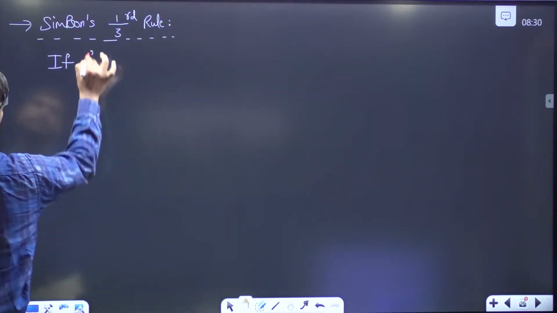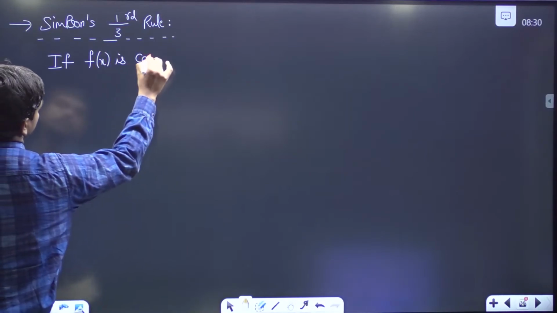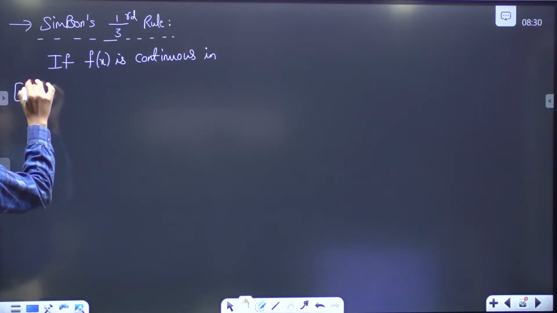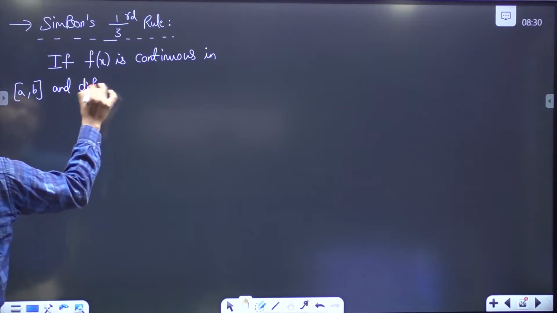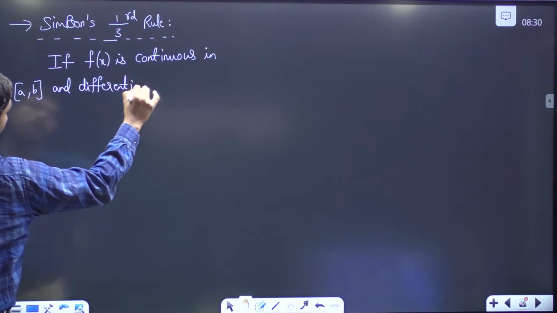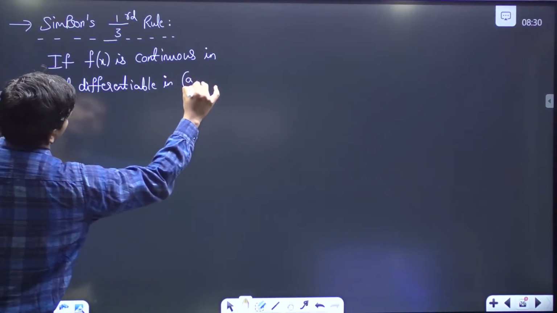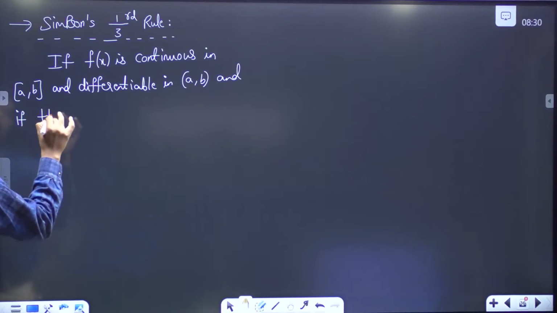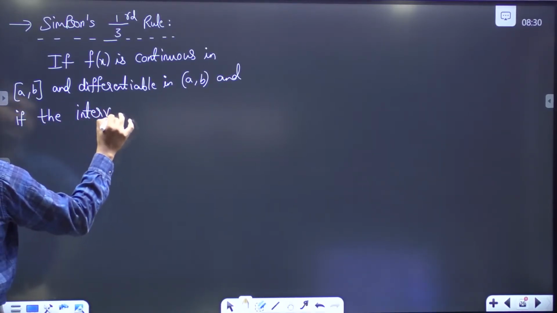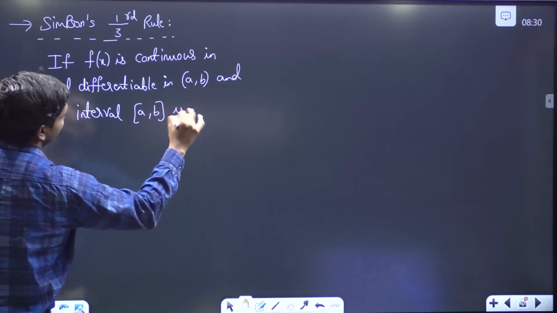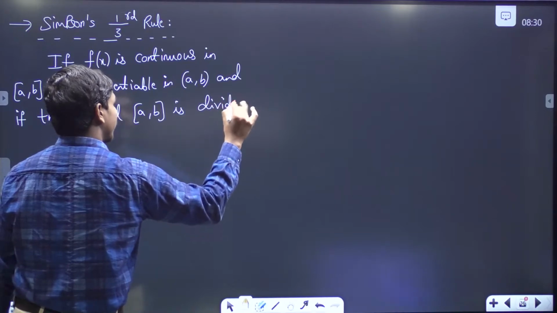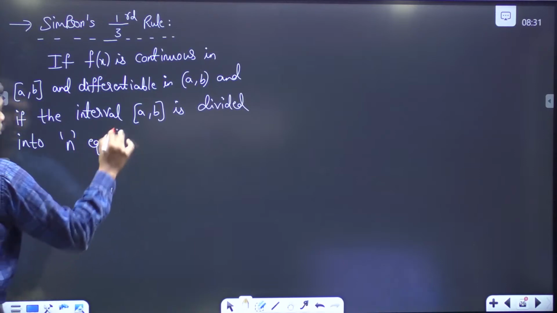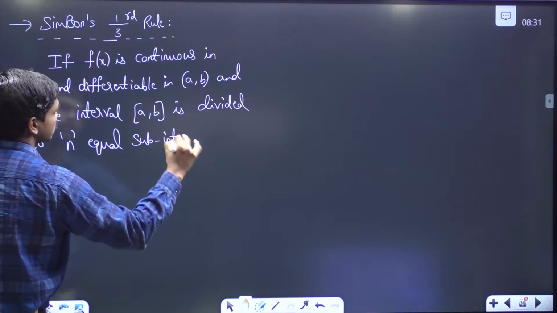If f of x is continuous in [a, b] and differentiable in [a, b], and if the interval a to b is divided into n equal subintervals, of course this n is even in this case.